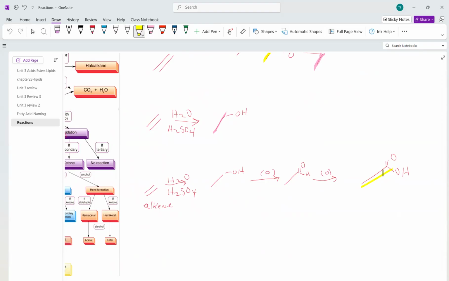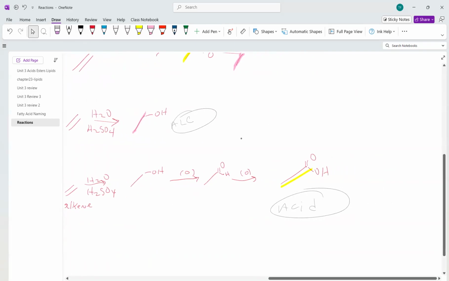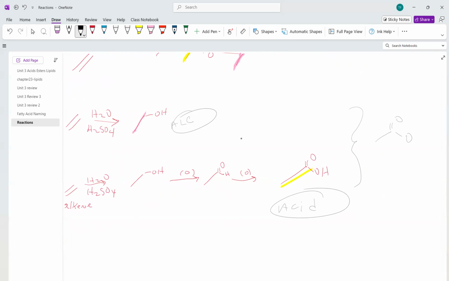So we've got the alcohol and the acid parts. So now we're going to take these two, and that'll get our ester.